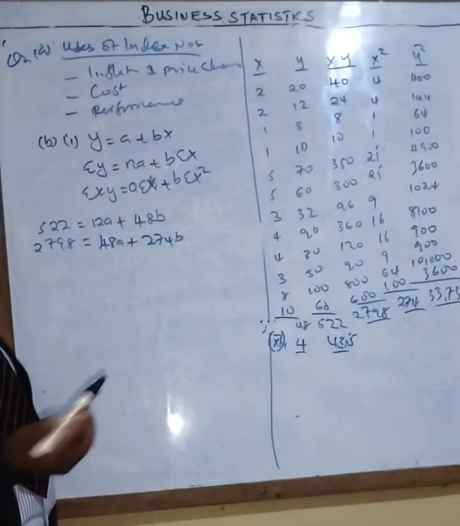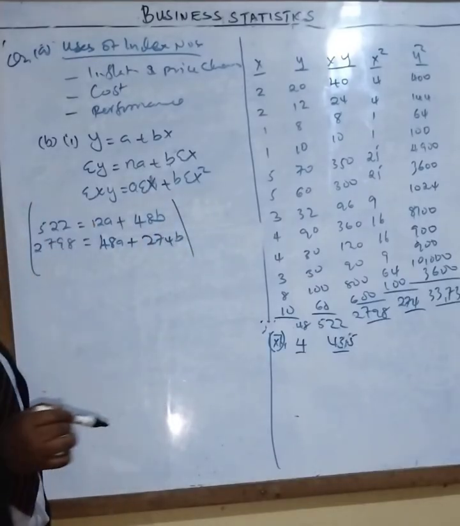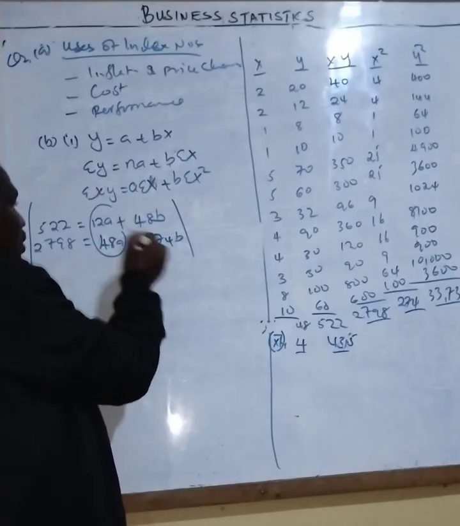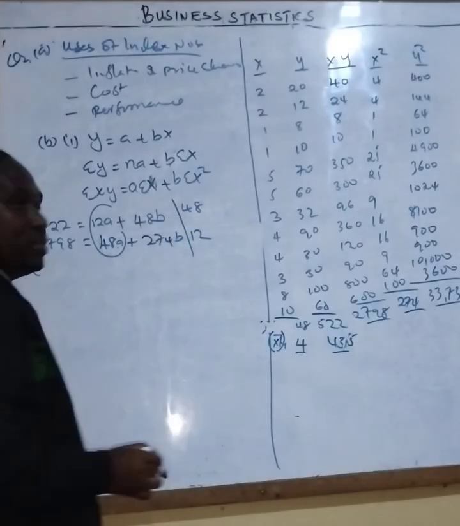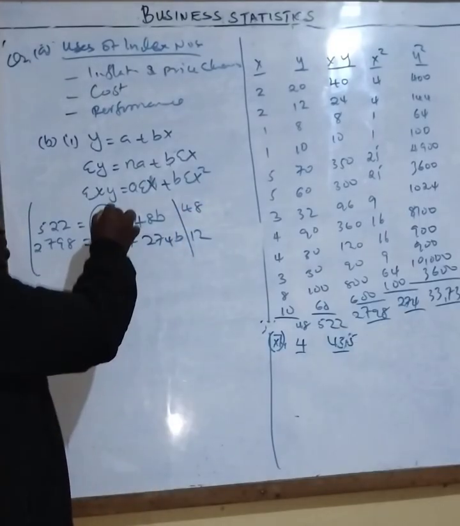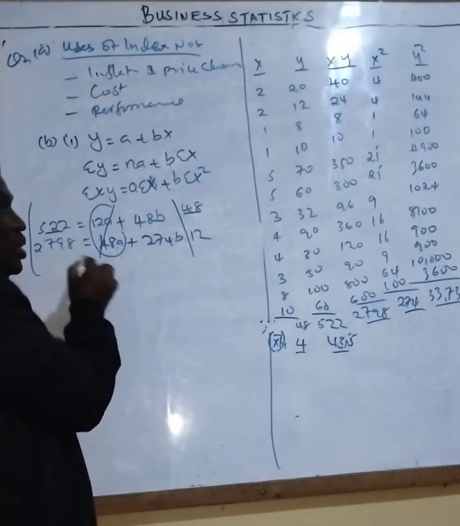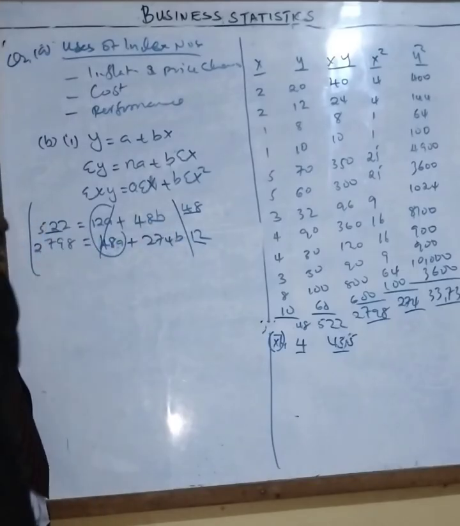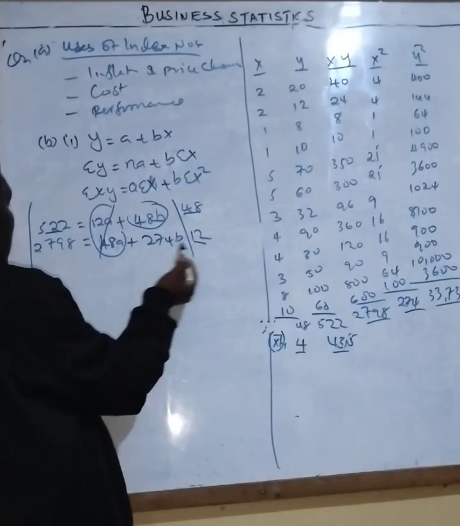Then class, you decide on a method you want to solve. Let me use the method of elimination. I want to eliminate this one here. So I interchange 48 to be on this side, then 12 on this side. Then I will not need this anymore. So it will be 48 times the first line, and 12 times the second line.